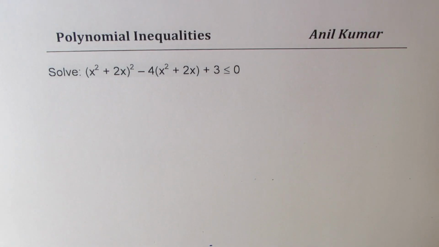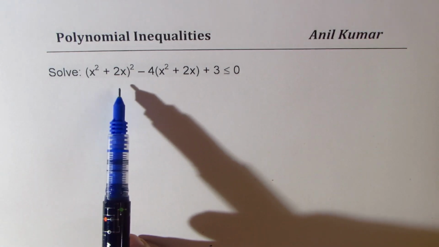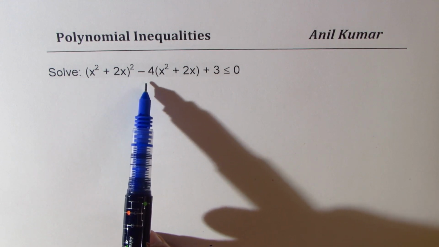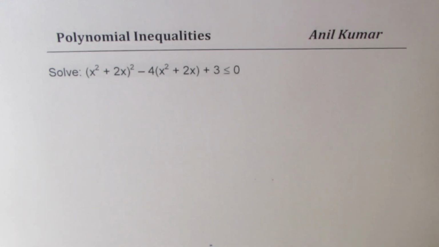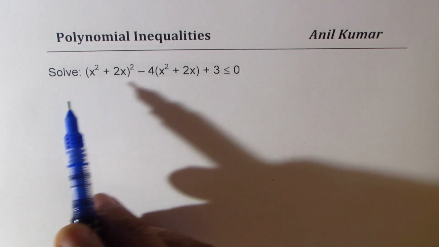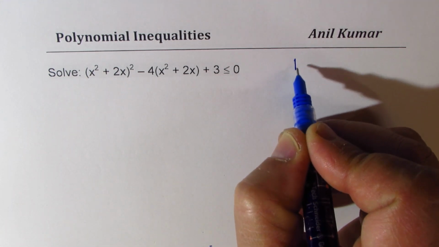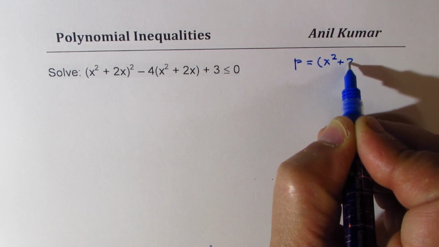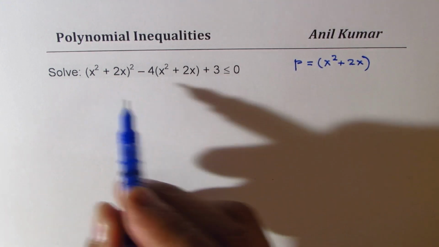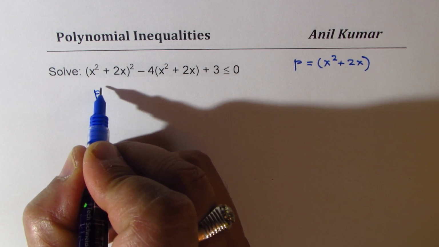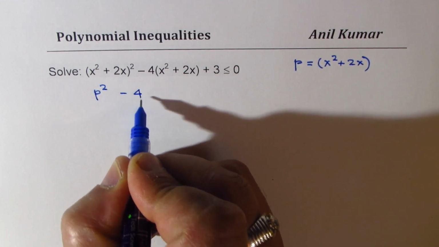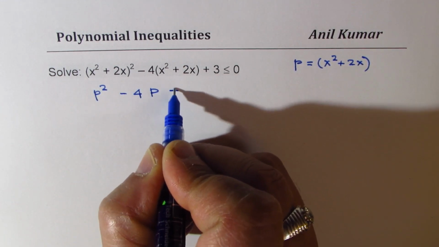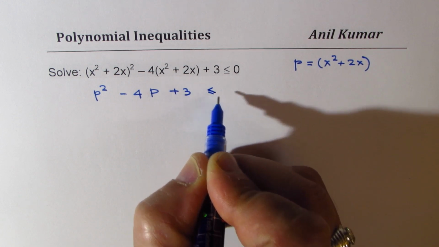Now this is an excellent example. We have x squared plus 2x whole squared minus 4 times x squared plus 2x plus 3. To make it much simpler, I'll make a substitution. Let p be equal to x squared plus 2x. In that case, I could write this as p squared minus 4p plus 3 less than or equal to 0, correct?